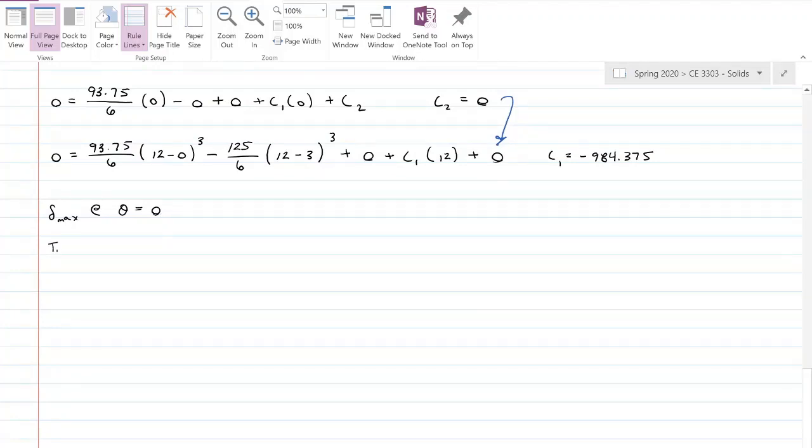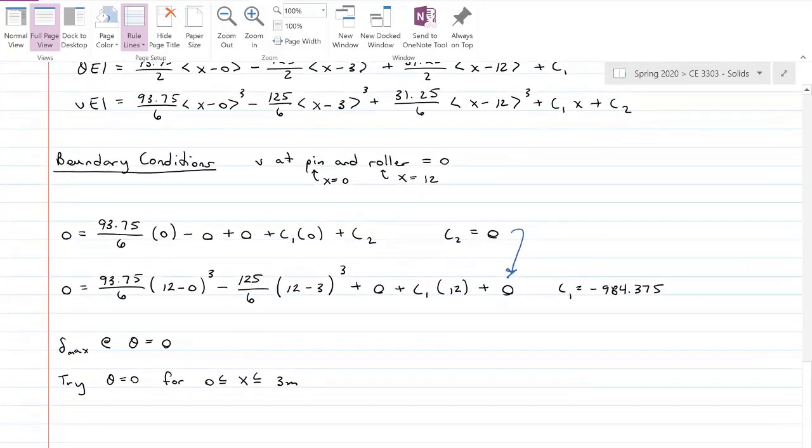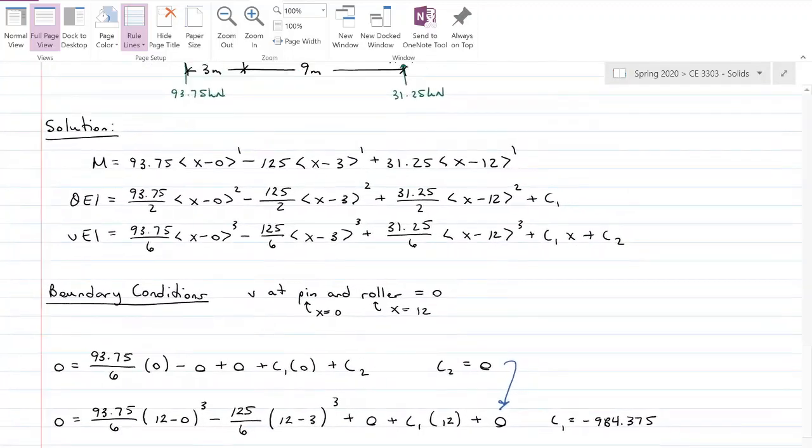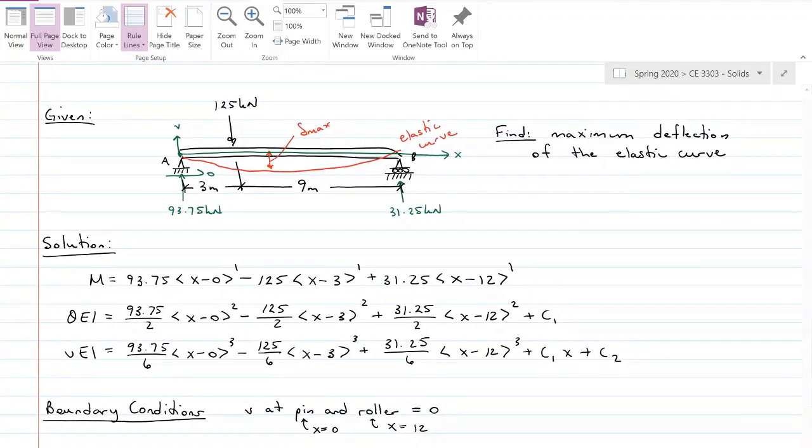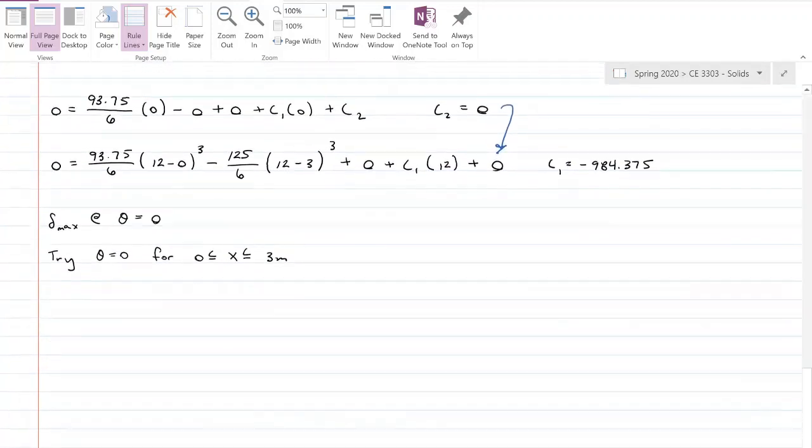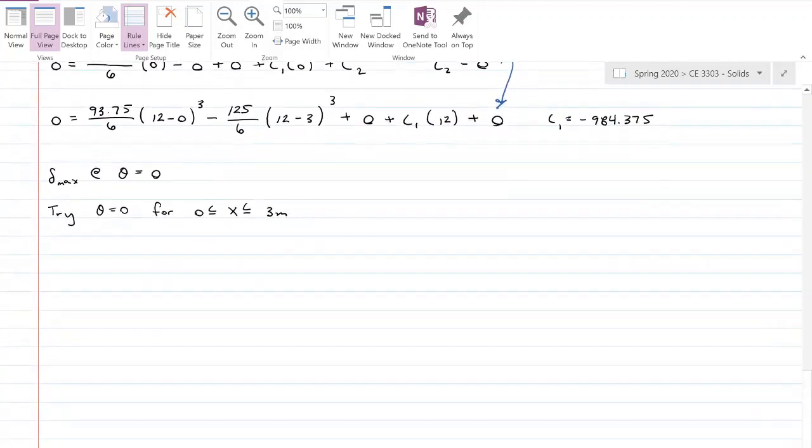So try theta equals 0 for 0 less than or equal to x less than or equal to 3 meters. Why that? Because that's my first change, right? I've got a pin to the load, so it could either happen at that change or from 3 to 12 meters, right? So those are my two options. So I'm going to pretend it happens from 0 to 3 meters.